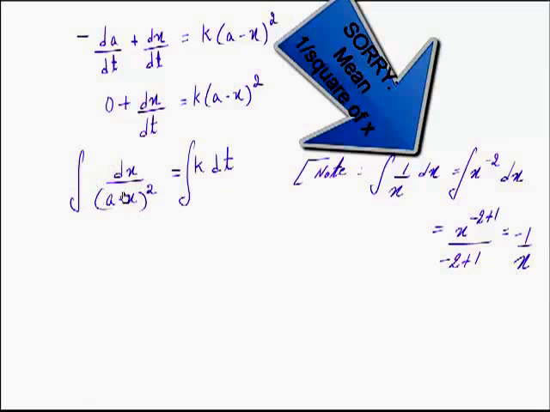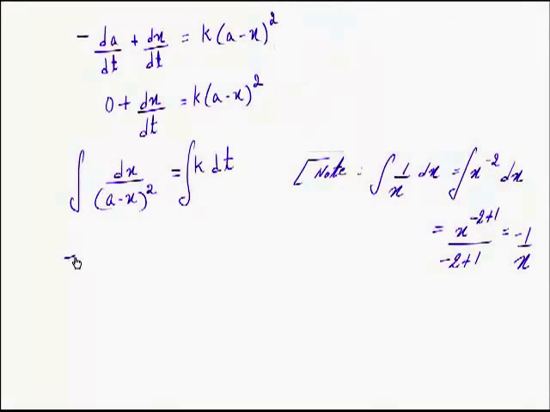So as far as this particular quantity is concerned, we can write the integral as minus 1 upon a minus x. However, we'll have to multiply it by minus 1 as the coefficient of x out here is minus 1. On the other side, k can be taken out of the integral sign as it is a constant.